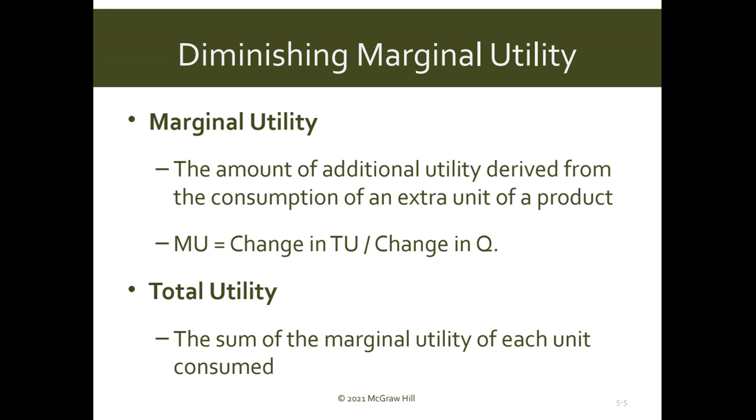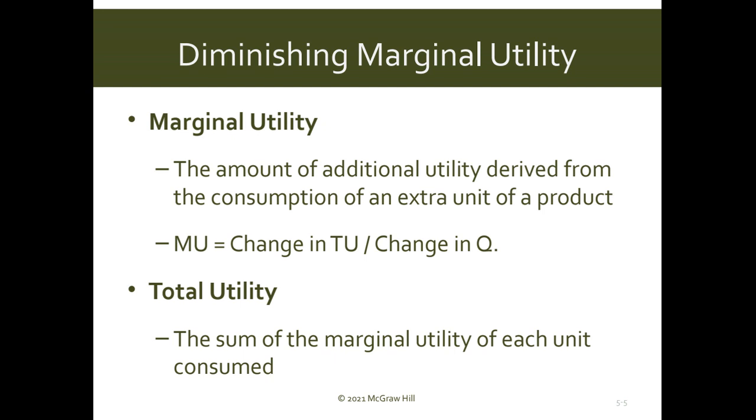Now, once you know marginal and once you know utility, you can explain what is marginal utility. Marginal utility is the amount of additional utility derived from the consumption of an extra unit of a product.